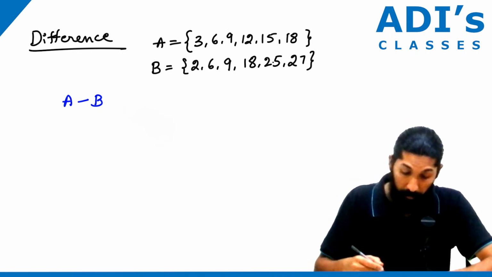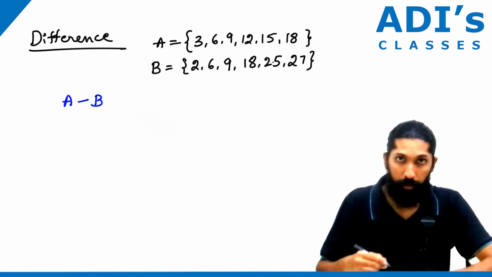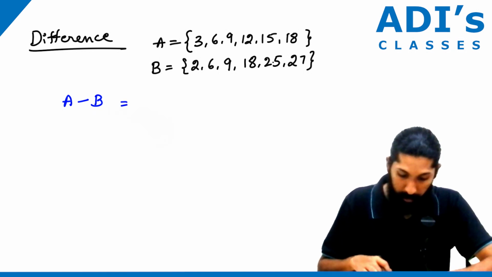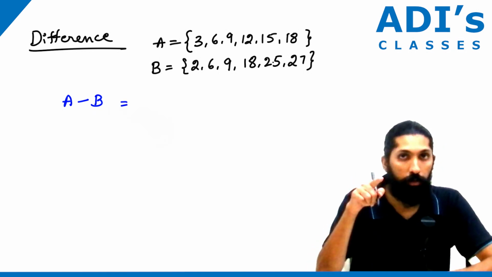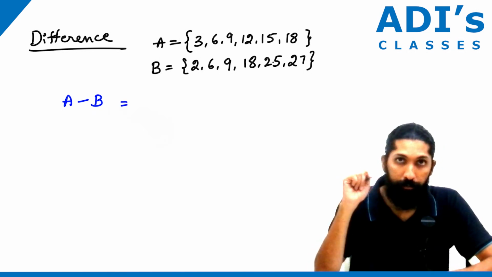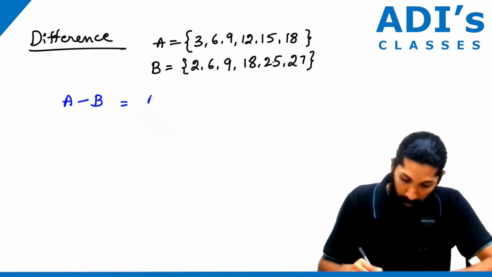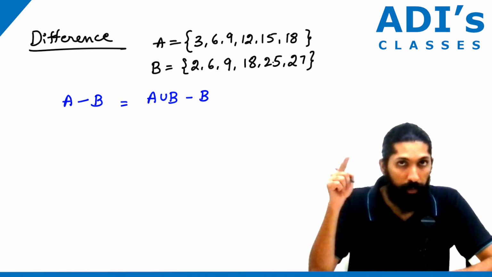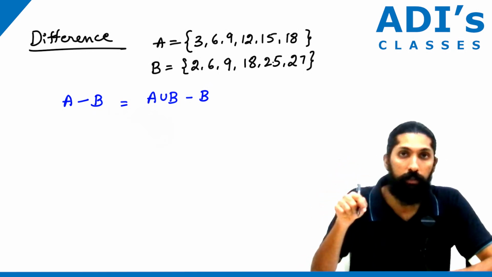So A minus B, if I have to do it mathematically, then we take the entire B value, that is A union B minus B. A union B has everything, including the intersection.